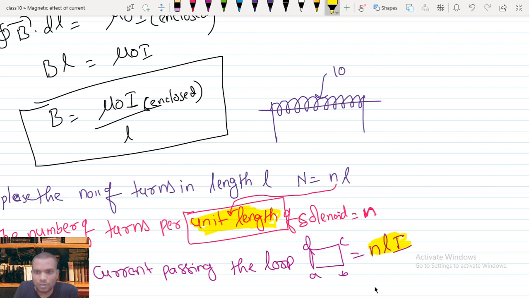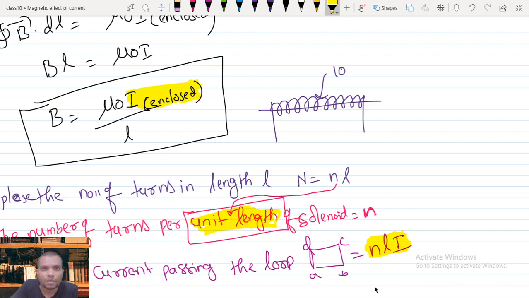The Amperian loop we consider has a number of turns, and the amount of current passing through them. So this I replace in the term current enclosed, because the Amperian loop is enclosing those many turns.